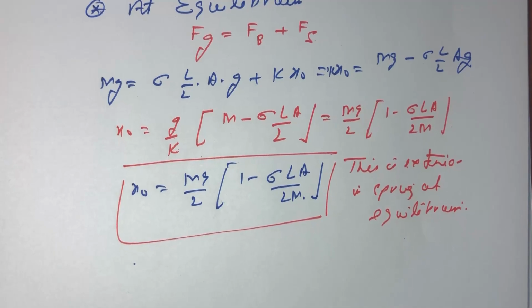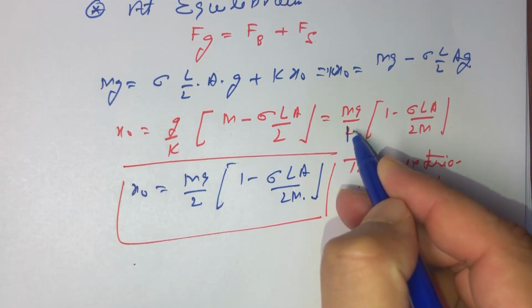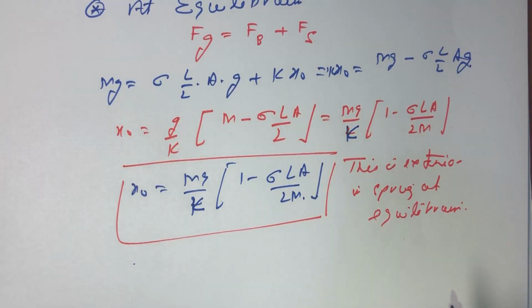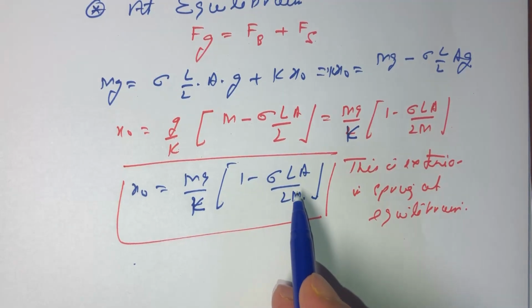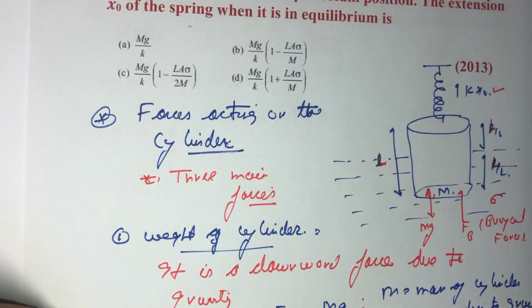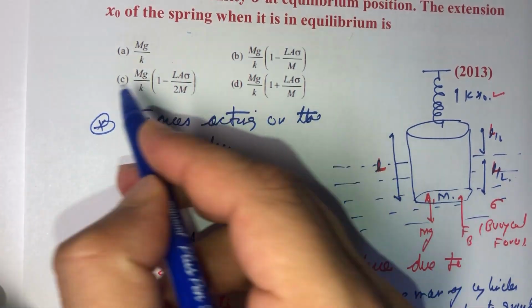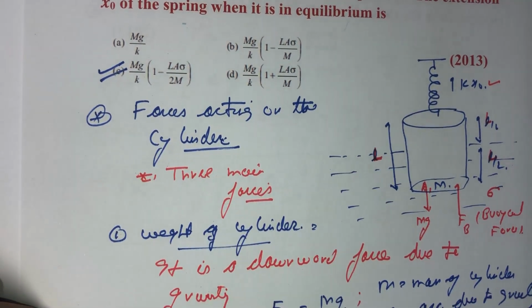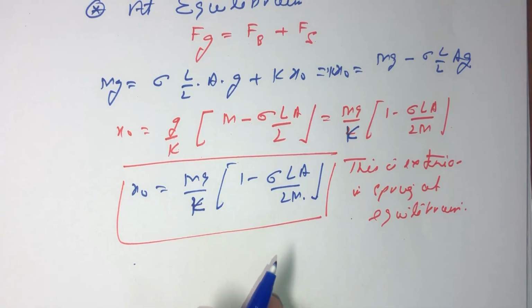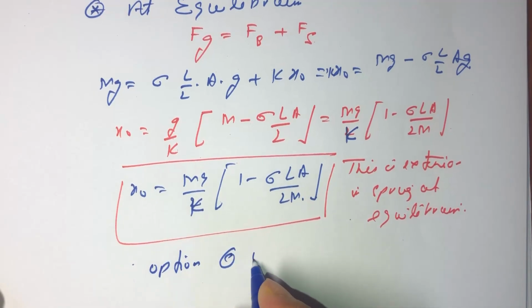So we can say that, sorry, this is K, my mistake. Okay, and the rest looks fine. So therefore we get that the option that is available to us, option number C, is the correct one. Option C is correct.